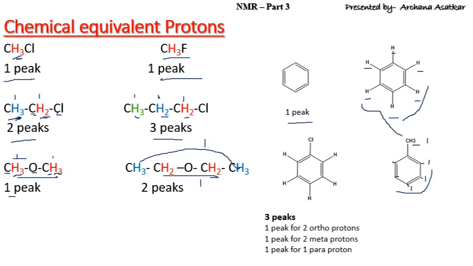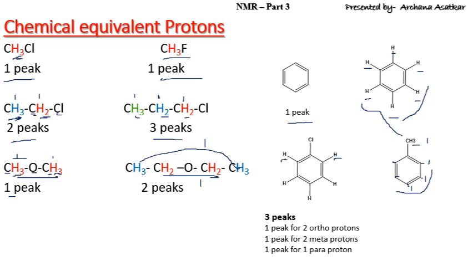Similarly for chlorobenzene, the ortho protons will give one peak, because they are close to chlorine, in the ortho position of chlorine, so they will face the same chemical environment.